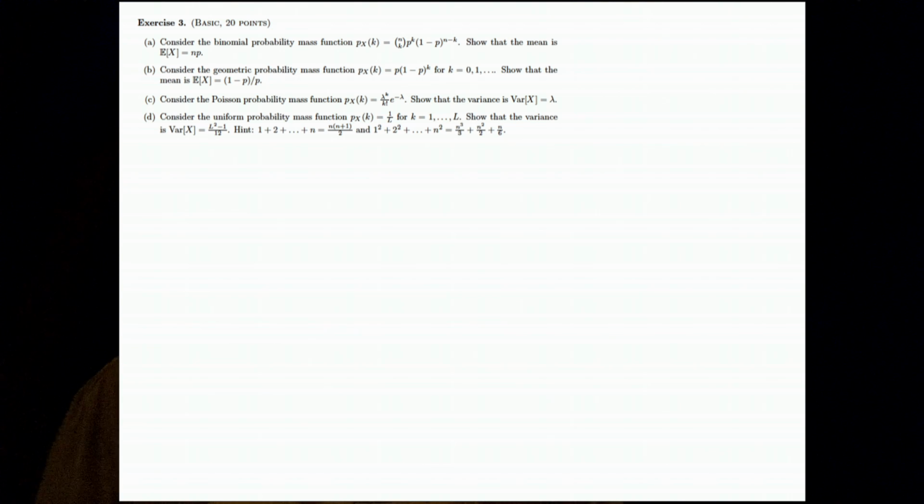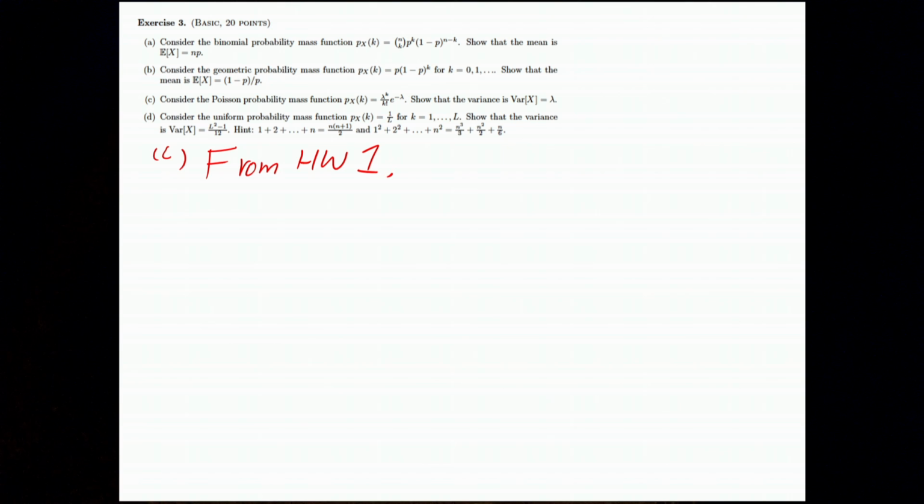For the discrete random variable, we must know the binomial PMF, the geometric PMF, and next is the Poisson PMF. We want to show that the variance of the Poisson random variable is lambda. From homework 1, we know the expectation of the Poisson random variable is lambda.